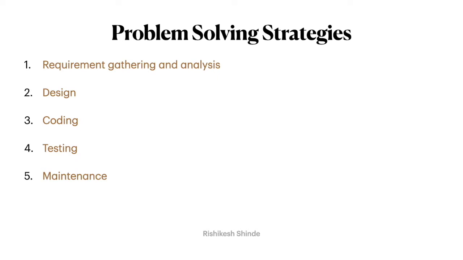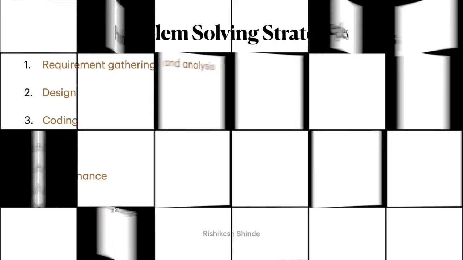Then we have to code that solution. After completion of coding we have to test our solution to check if it is working or not. And the final step is maintenance. We have coded the solution but we have to maintain that code. So these are the 5 problem solving strategies.